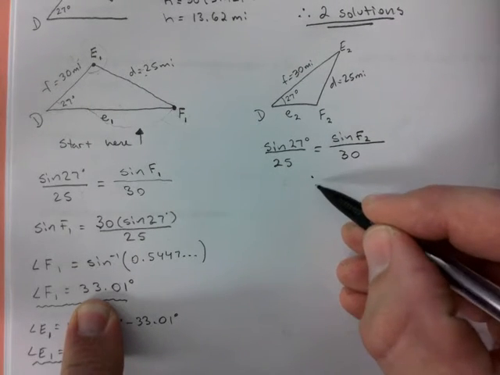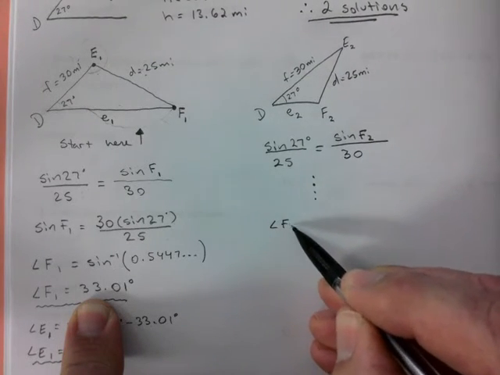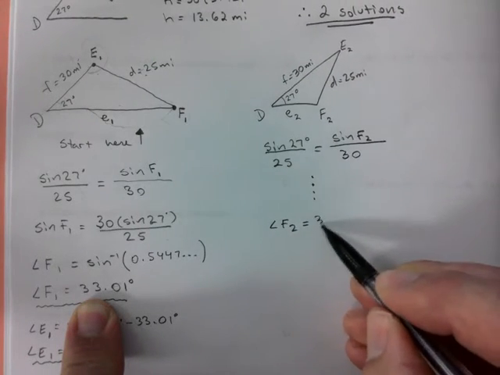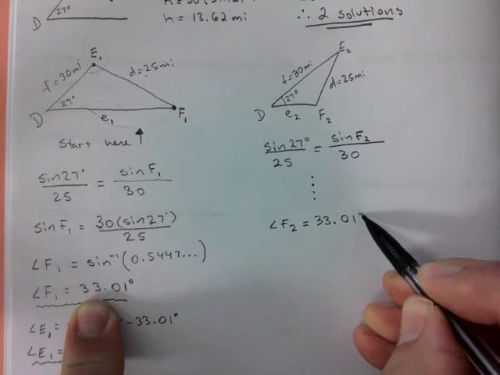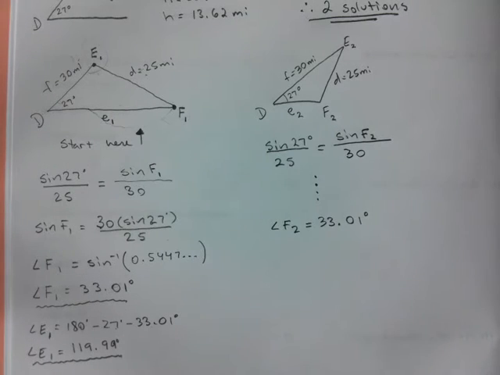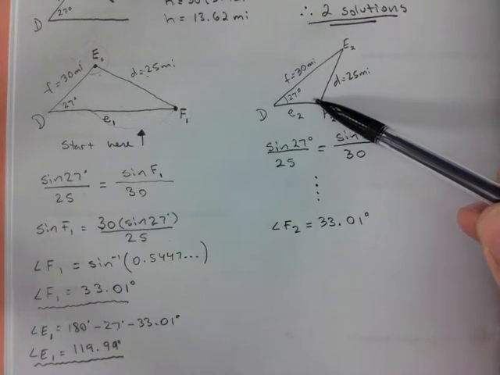So I'm going to go like this. Angle F2 is 33.01. Why is it doing that? Because sine always returns an acute angle, always. But we can clearly tell this is obtuse, right?